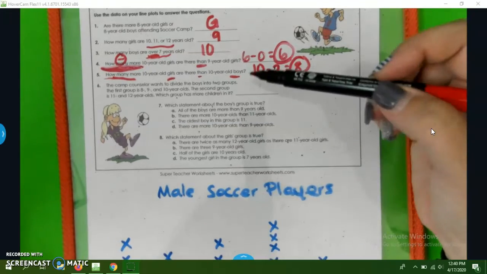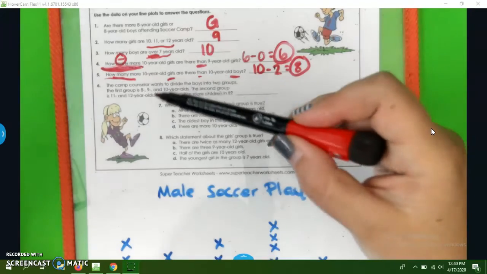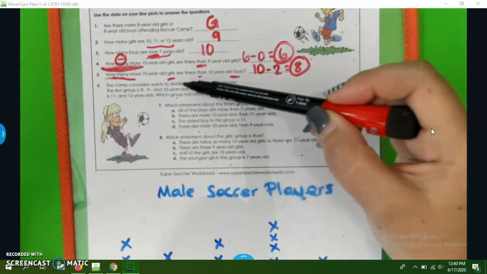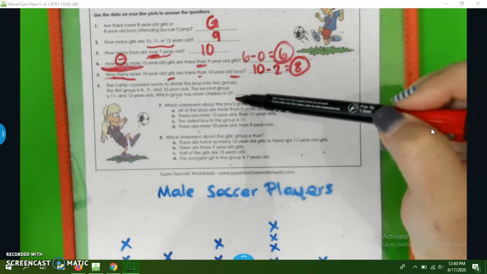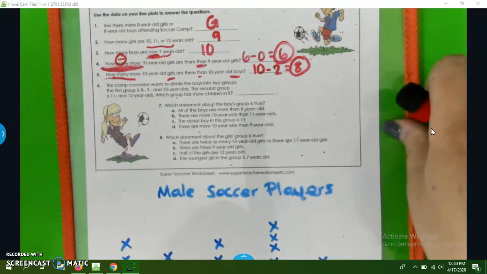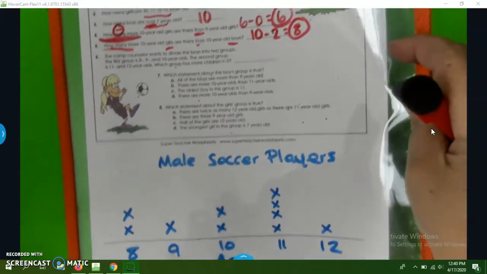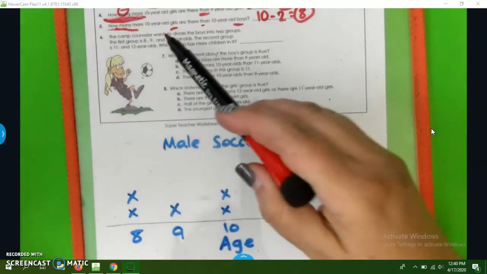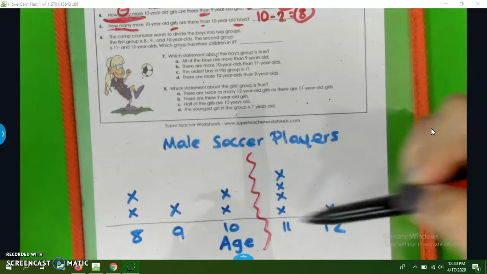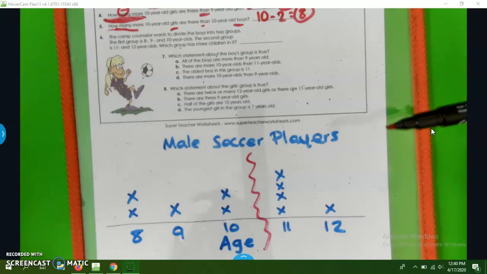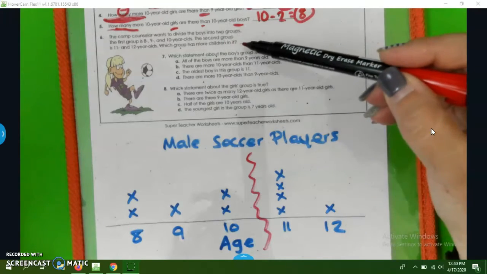The camp counselor wants to divide the boys into 2 groups. The first group is 8, 9, and 10. The second group is 11 and 12. Which group has more children in it? So, if we take our line plot for our boys and we make 2 groups, they want to split the 8, 9, and 10-year-olds up from the 11 and 12-year-olds. And then the question asks, who has more children in it?